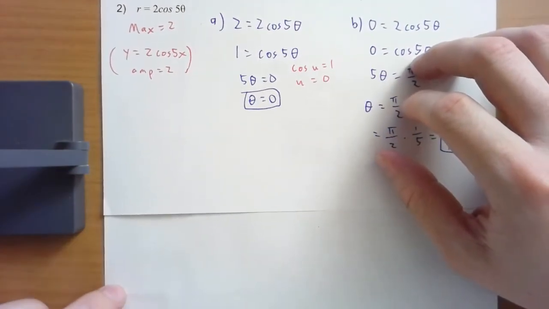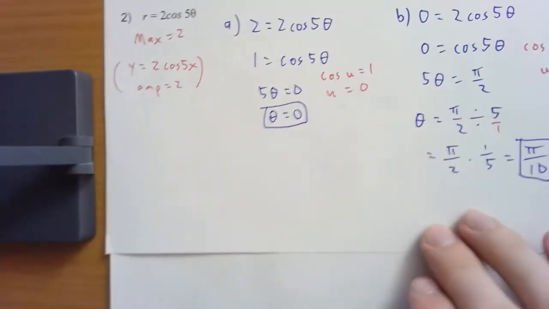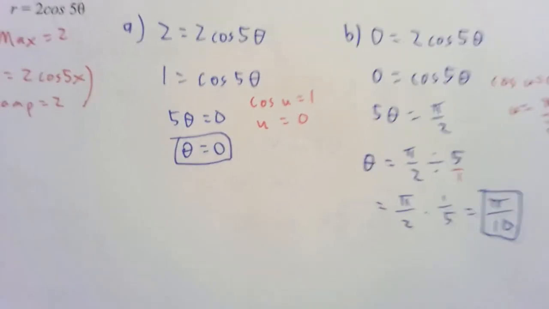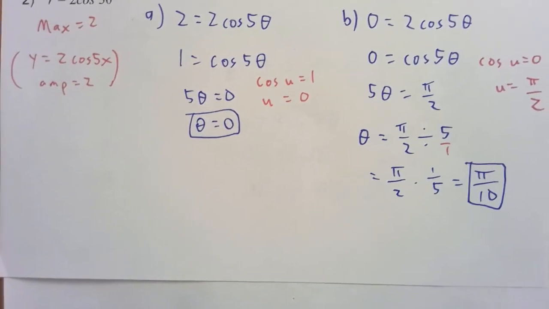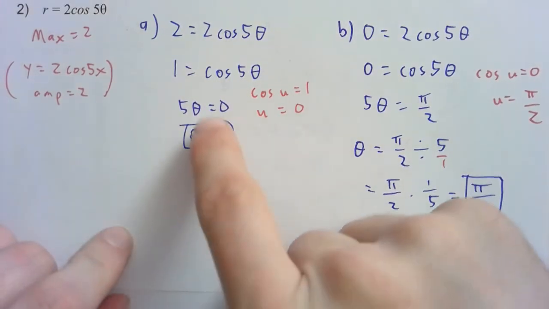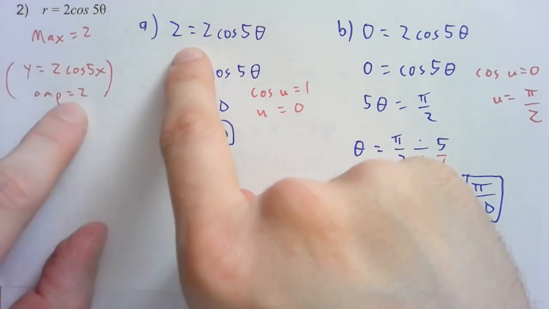All right. So there's your answers. For part A, it was 0. And for part B, it's pi over 10. So for part A, we know that the maximum is 2.